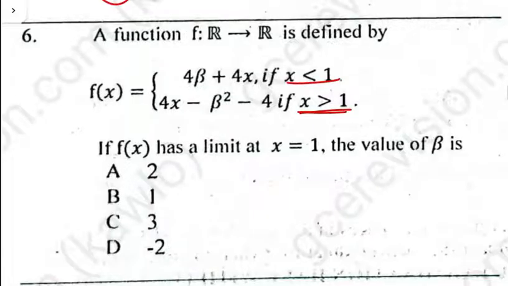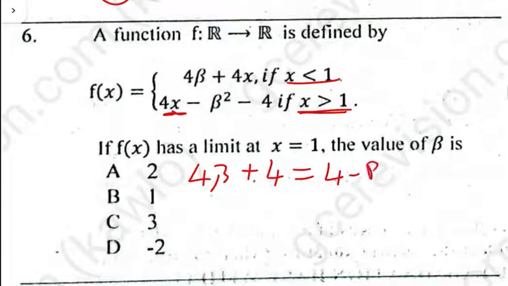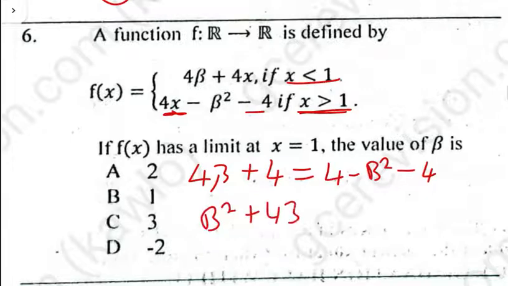So this implies that 4 beta plus, when x equals 1, we'll have 4. Limit to the left should be equal to limit to the right. Here, 4 times 1 is 4, minus beta squared minus 4. 4 minus 4 is 0. So we are left with beta squared plus 4 beta plus 4 equals 0.